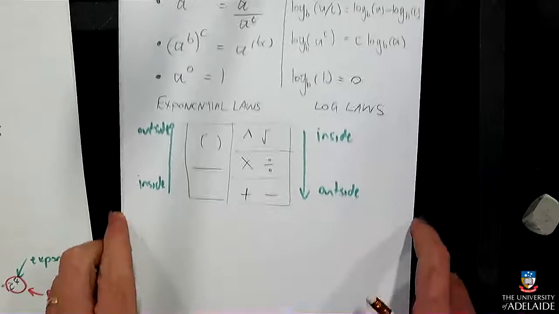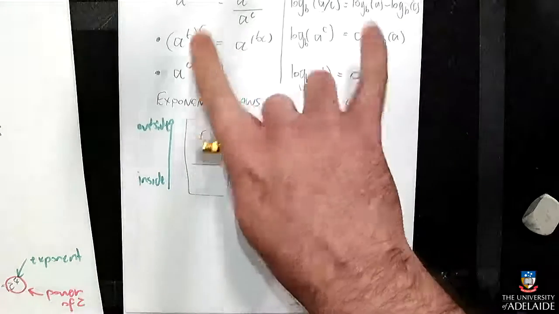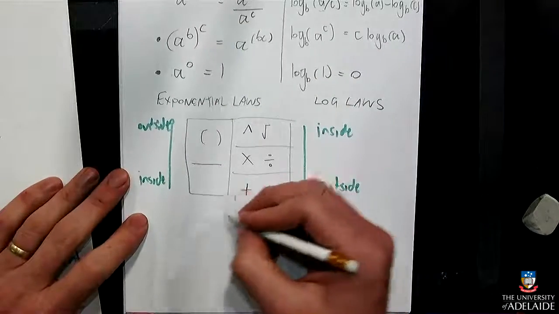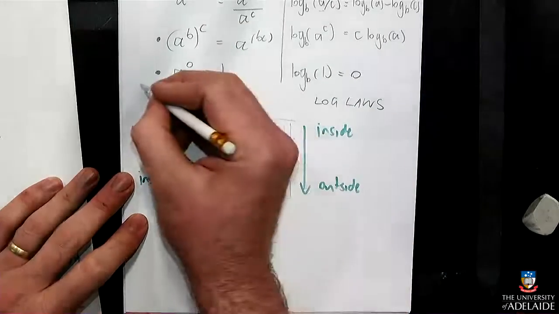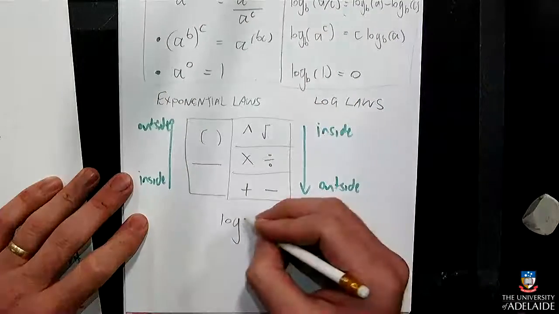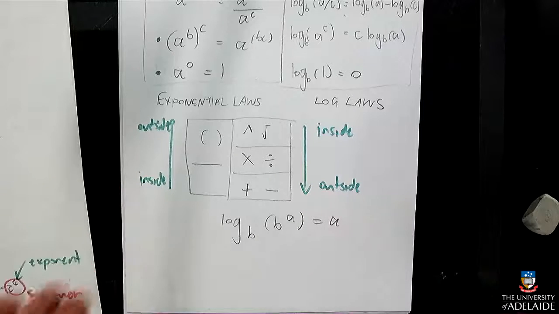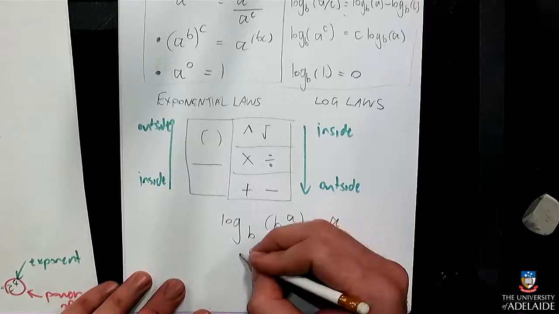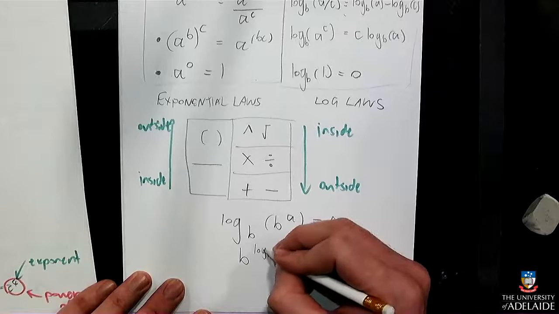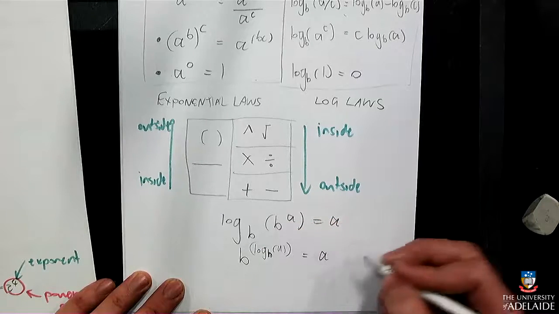All right, one more law that is worth pointing out, and that is how these combine with each other. So there were the exponential laws on this side and the log laws on this side. Log base b of b to the a is just a. And b to the log base b of a is just a.